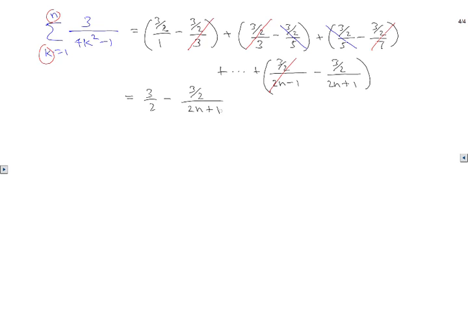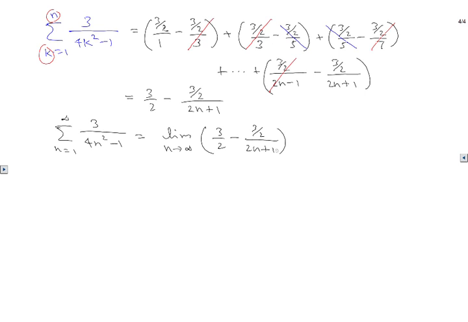So now what we can do is take the limit. The actual sum of the series, n going from 1 to infinity of 3 over 4n squared minus 1, equals the limit of this sum when n goes to infinity. So it is 3/2 minus (3/2)/(2n+1).